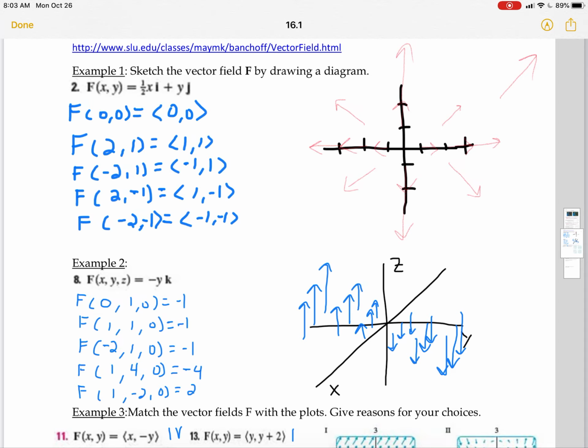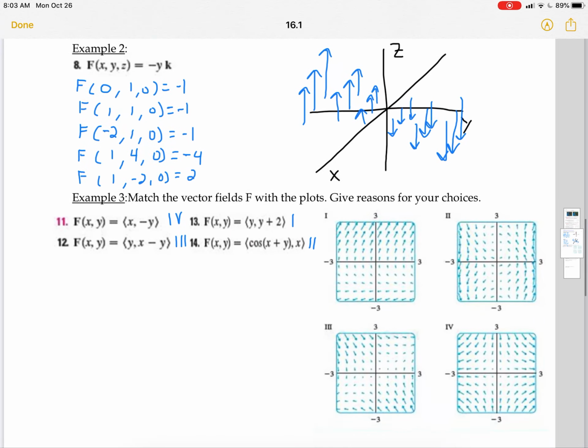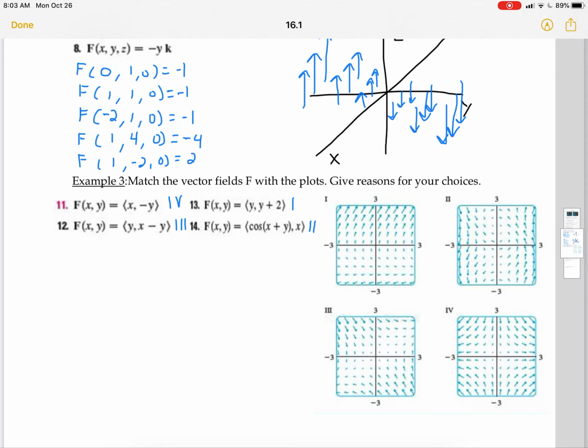You can see as we move along the y-axis in the positive direction, your vectors are going down, and the further along you go, the further down they go. The further you go along the y-axis in the negative direction, they're actually going up because it's negative y, and it increases that way. All right, now let's go ahead and look at example 3.